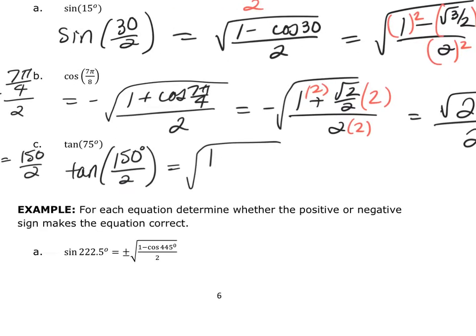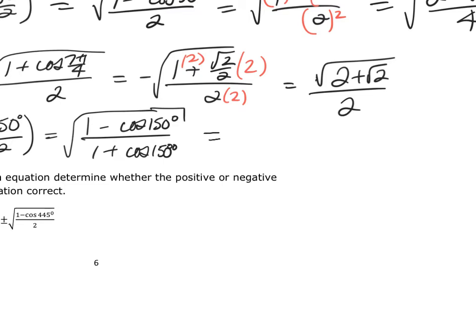And then it's going to be 1 minus the cosine of 150 degrees over 1 plus the cosine of 150 degrees. The cosine of 150 degrees is what? It's the negative square root of 3 over 2. And then 1 plus the negative square root of 3 over 2.